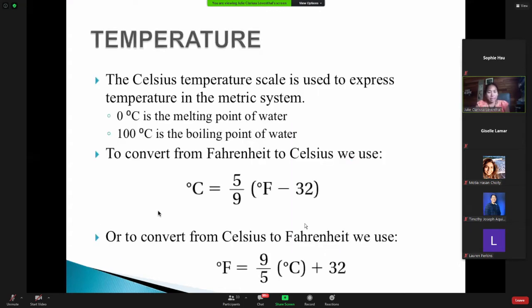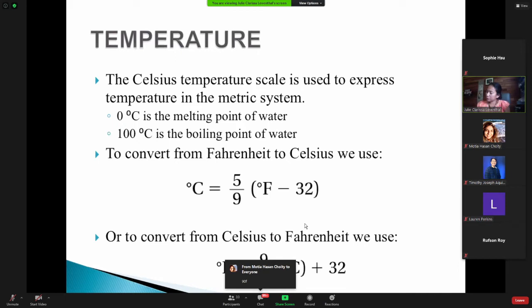Another unit, temperature. Today, what's the temperature outside? Is it in the 80s or 100? 90 degrees?